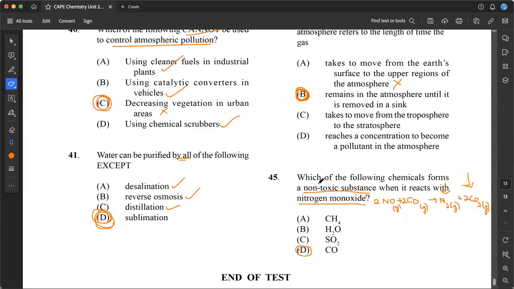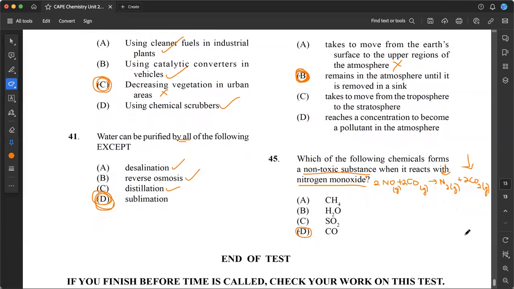Non-toxic substance is the key word. If any of these other ones react with nitrogen monoxide, there are going to be problems. But if carbon monoxide reacts with it, we get non-toxic substances like nitrogen gas and carbon dioxide. And with that, we've come to the end of this test.